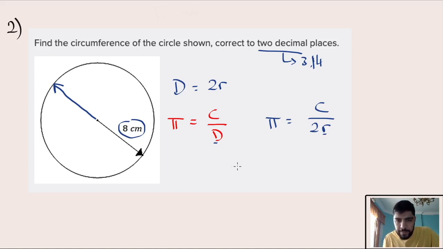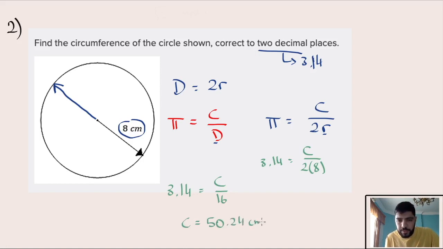So I'll say 3.14 is equal to C over 2 times 8. I'll simplify first. So 3.14 equals C over 16. And then, using a calculator again, I'm just going to find C, which is 50.24 centimeters.